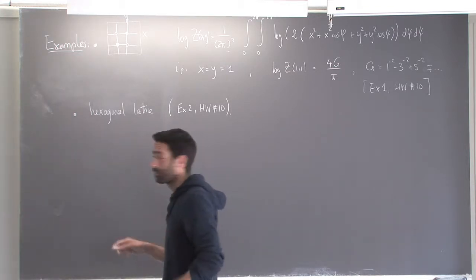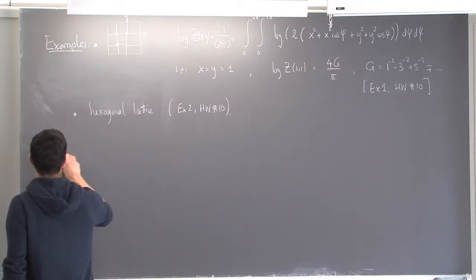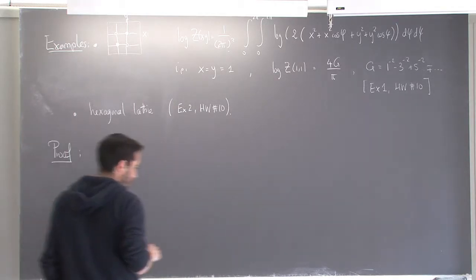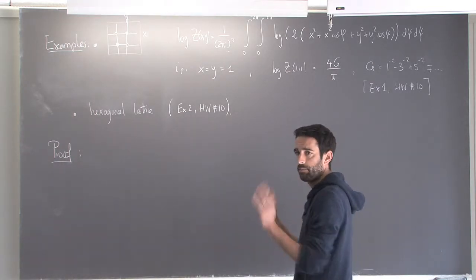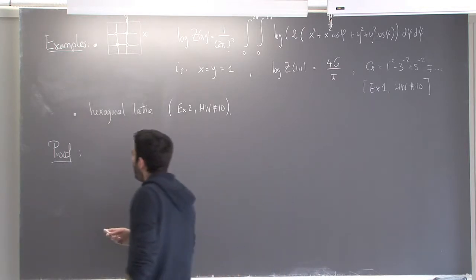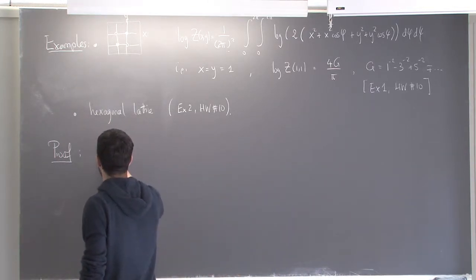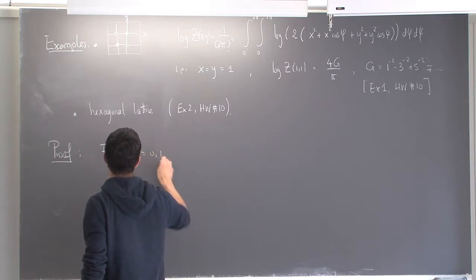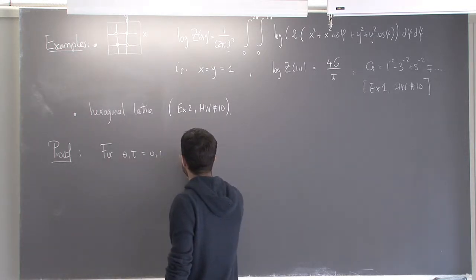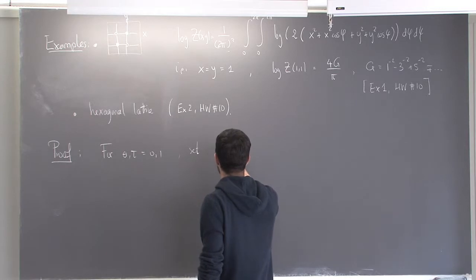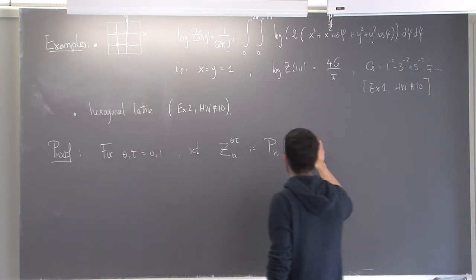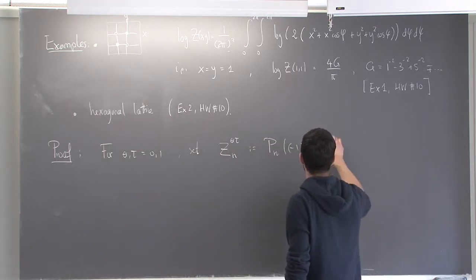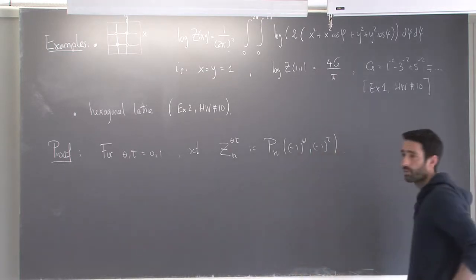So let me give the proof. The proof is quite, well, we have almost everything in place for the proof. So I'll just start with the notation. Set, so I want to take this notation, just because I will use it many times.